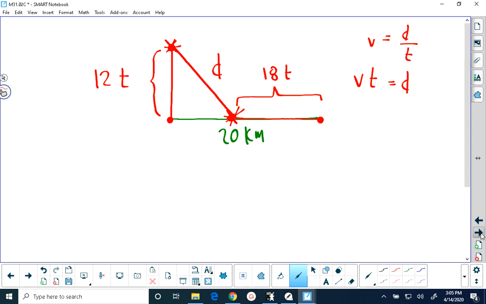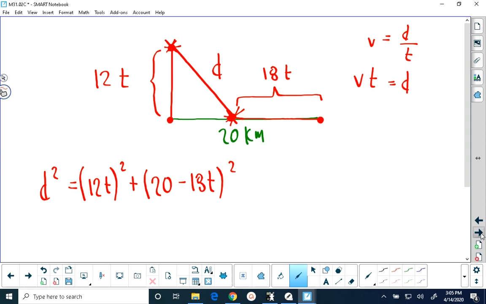And I think you can see where this is going. We're going to come up with a formula for the hypotenuse, which is the thing that we want to make as small as possible. And it's going to be the Pythagorean Theorem, d squared equals (12t) squared plus (20 minus 18t) squared.